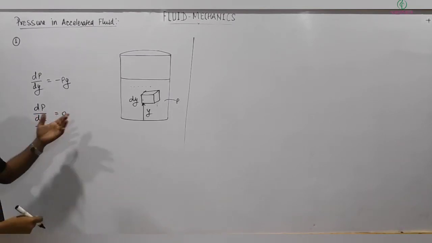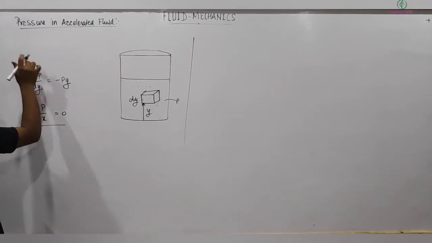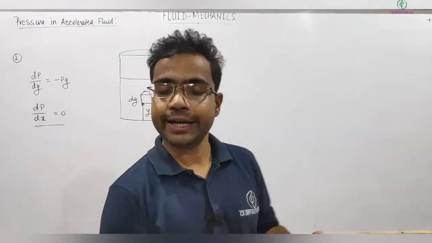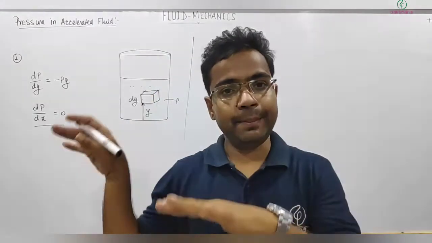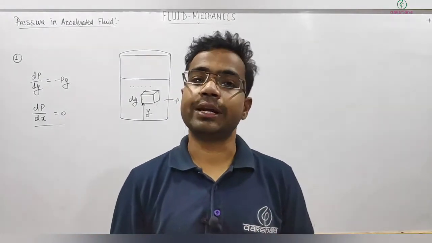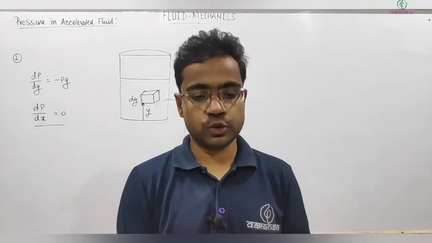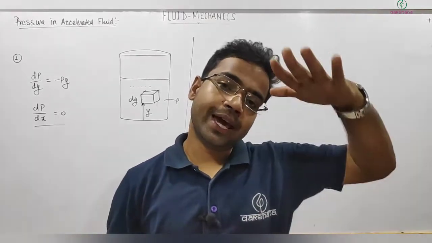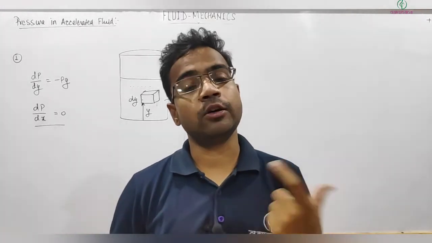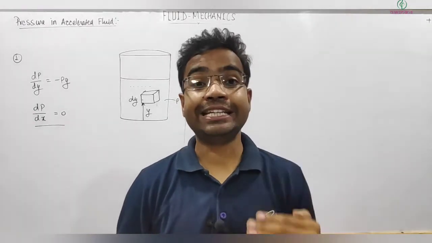Now, here we consider a container which is accelerating. Imagine one situation: a container placed in a lift which is accelerating down and up. What will be the variation of pressure with depth and height in that fluid?